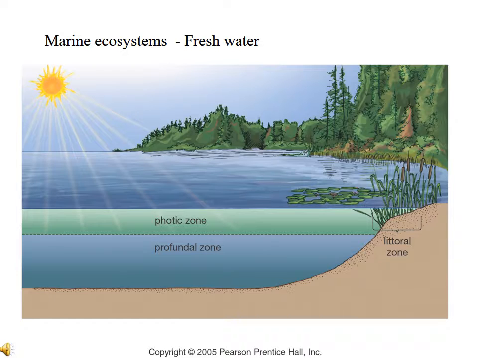Within this area, you will have viable plants that can carry out photosynthesis. As you move to the right, we go towards the littoral zone, which is the break between the water and the land, so to speak. This is where you have cattails and lilies, lily pads, and so on.